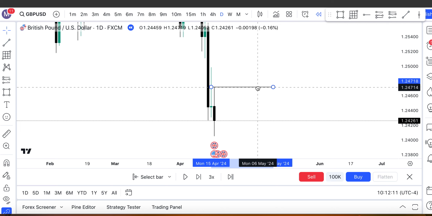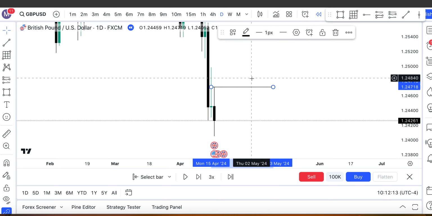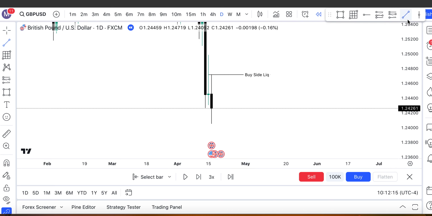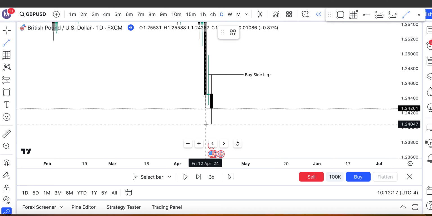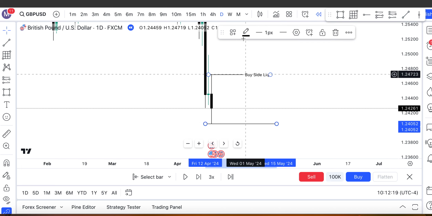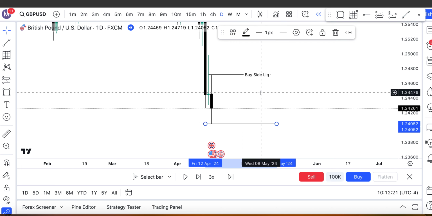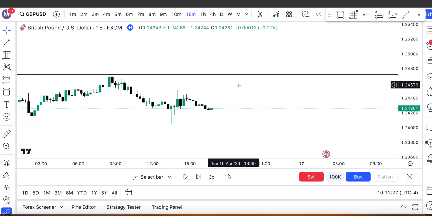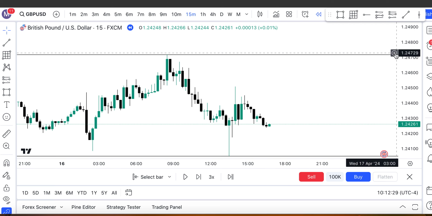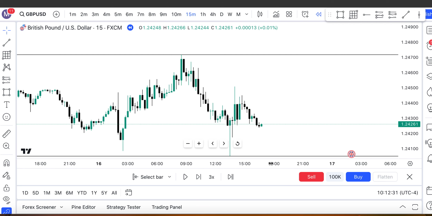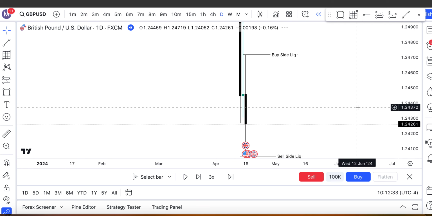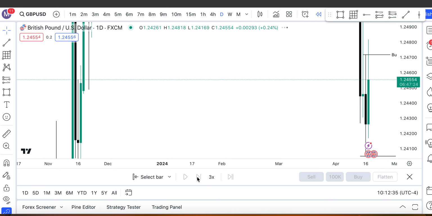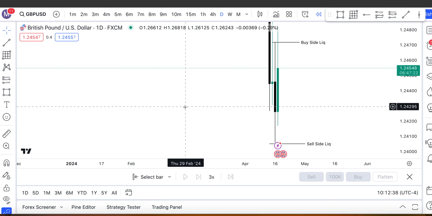So we want to mark out the previous day's high, and that's our buy side liquidity, and the previous day's low, which is sell side liquidity. And then let's jump back down to the 15-minute time frame. Actually, let's play today's price action. Okay, cool.